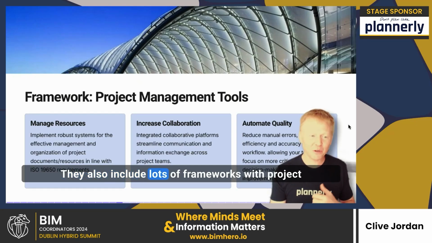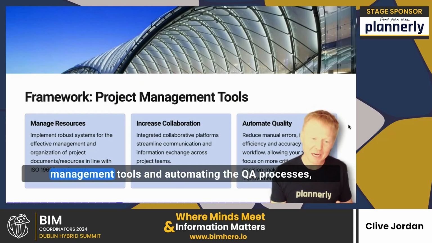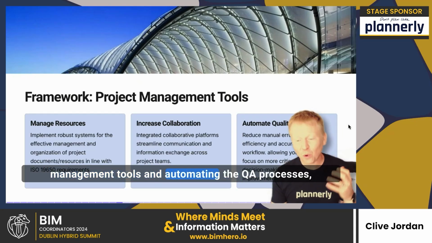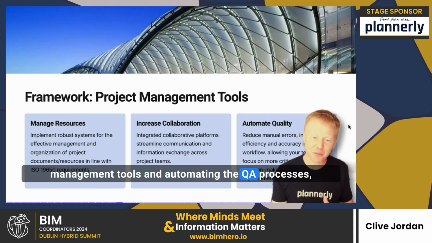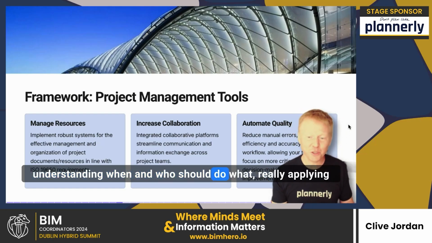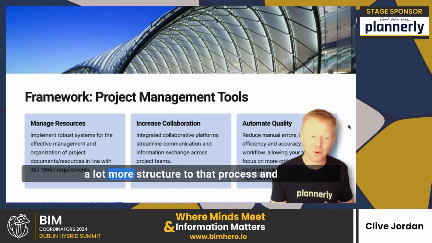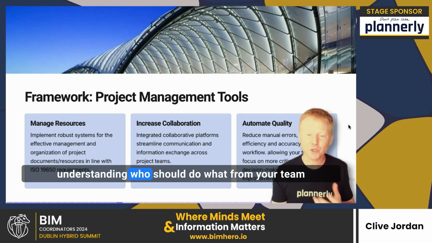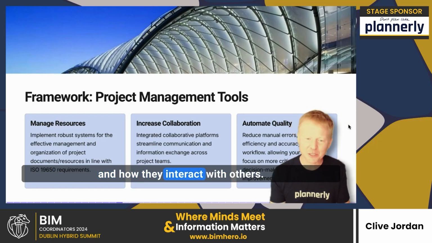They also include lots of frameworks with project management tools and automating the quality assurance processes, increasing the amount of communication and information exchange, understanding when and who should do what, really applying a lot more structure to that process and understanding who should do what from your team and how they interact with others.